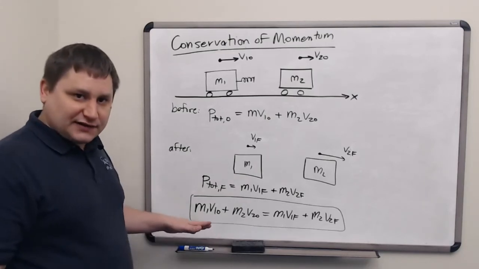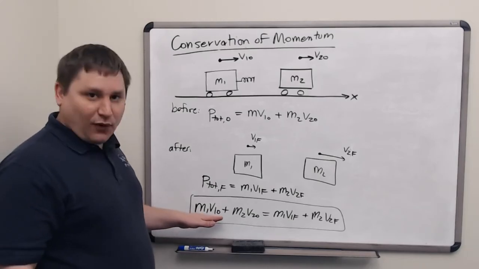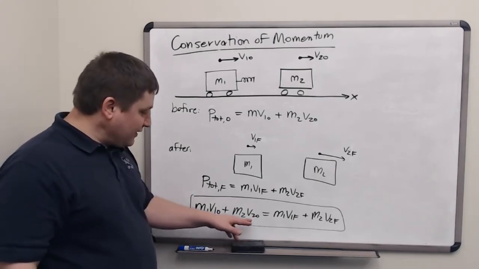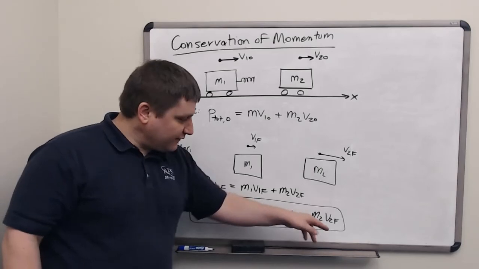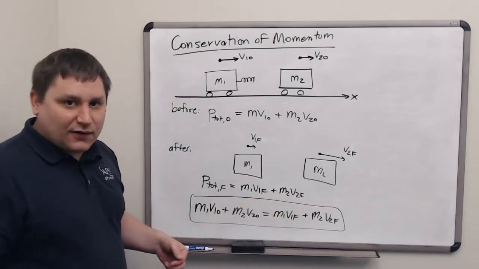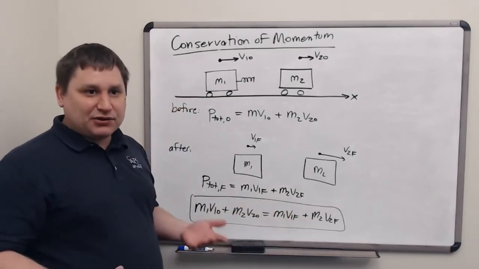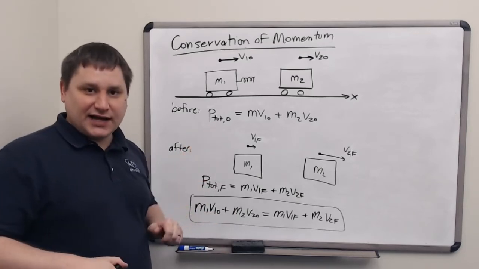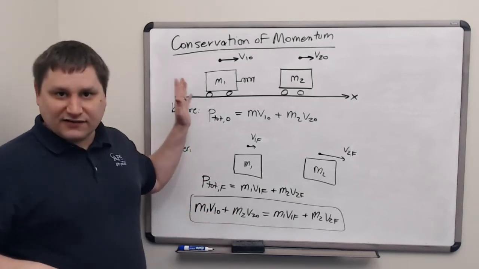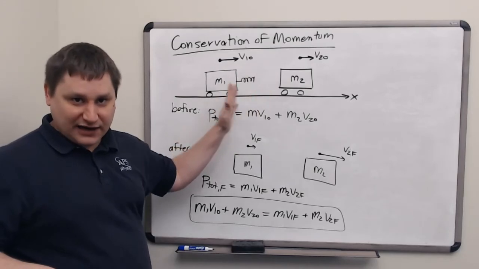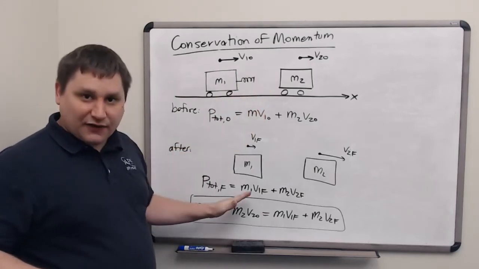This equation gives us a relationship between four variables, right? V1, V2 before, V1, V2 afterwards. So it's only one equation. So we can't completely solve a collision, as in we know all the initial values, and we want to predict all the final ones.